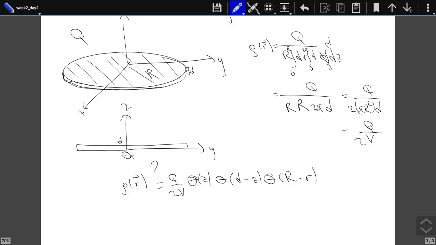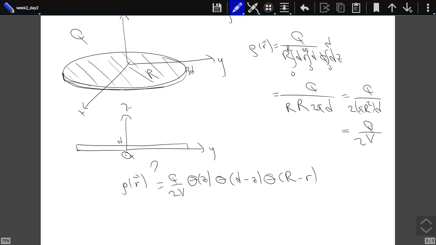Well, you see, we have these Dirac deltas in volume density if the charge is non-zero only in a region which has 0 volume. Because a point charge has 0 volume, but still we have a total charge. So if we want to write down a charge density for an object that has 0 volume, its charge density has to be a Dirac delta, so that the integral will be finite.